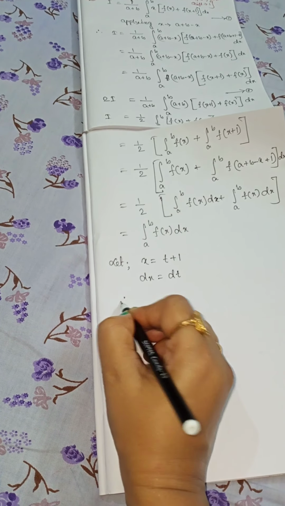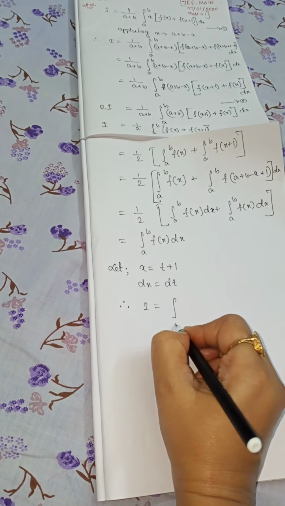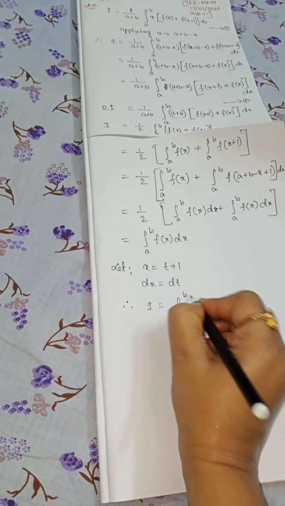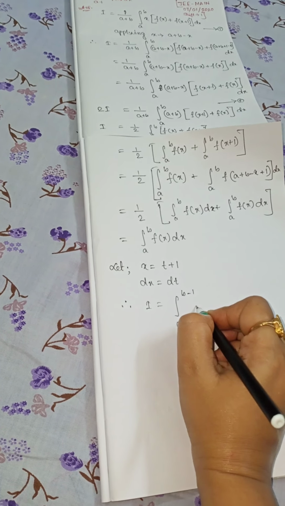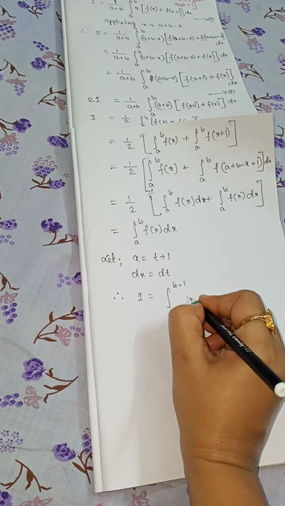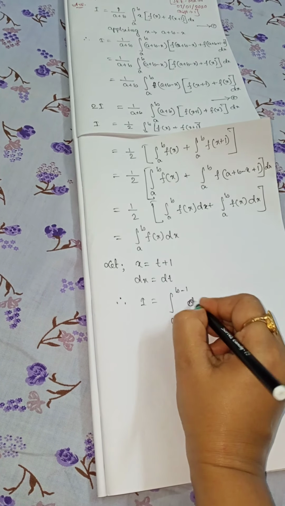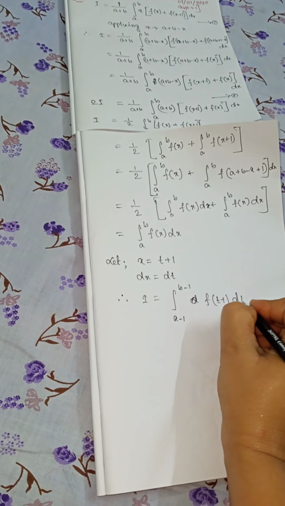So our I becomes integration from a - 1 to b - 1 of f(t+1) dt.